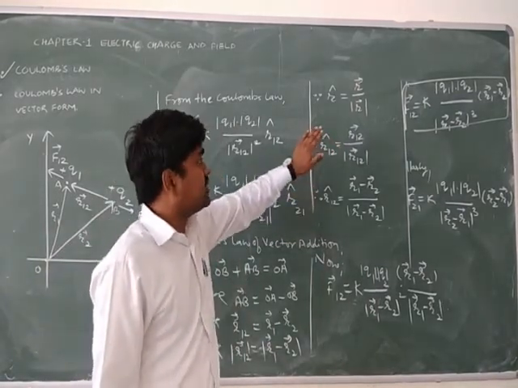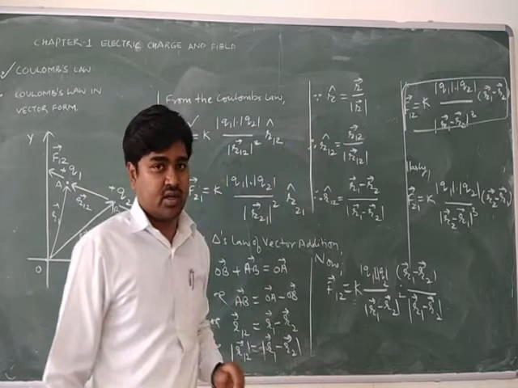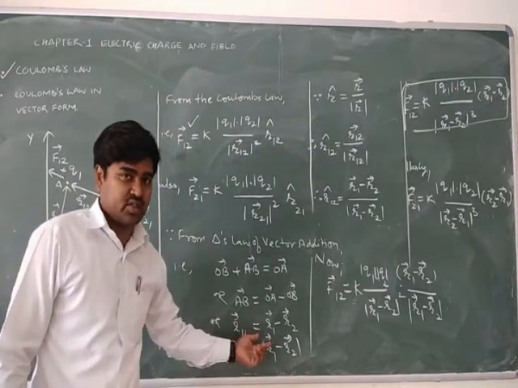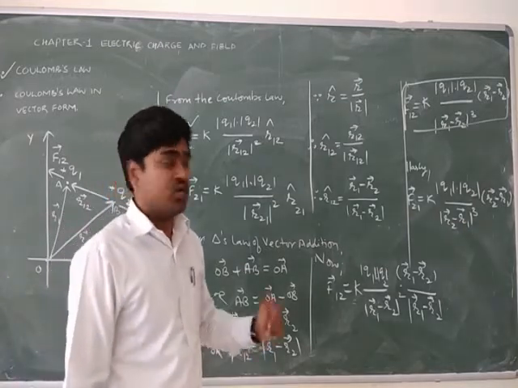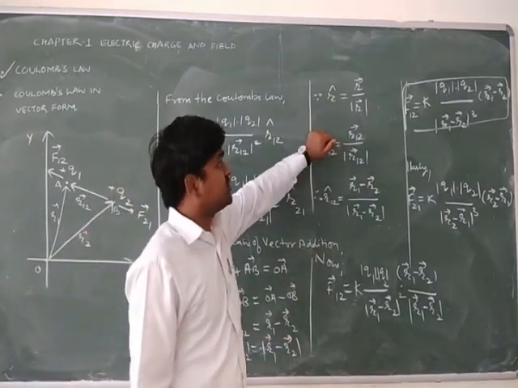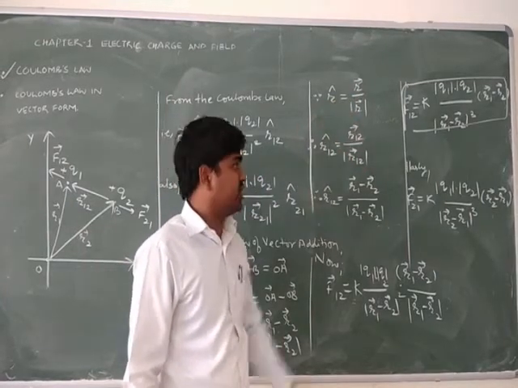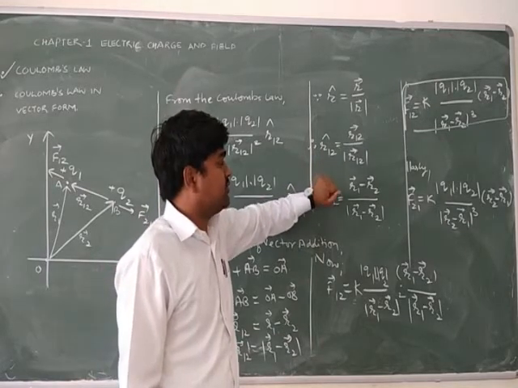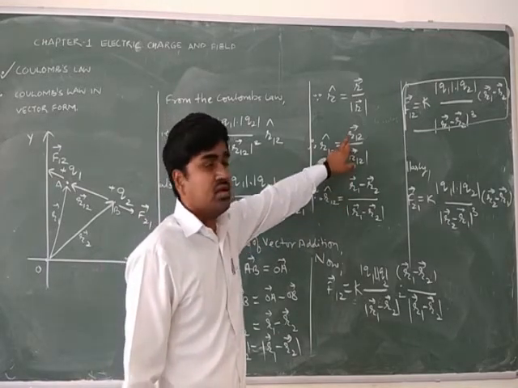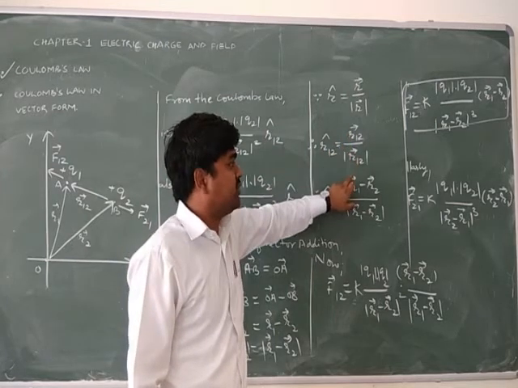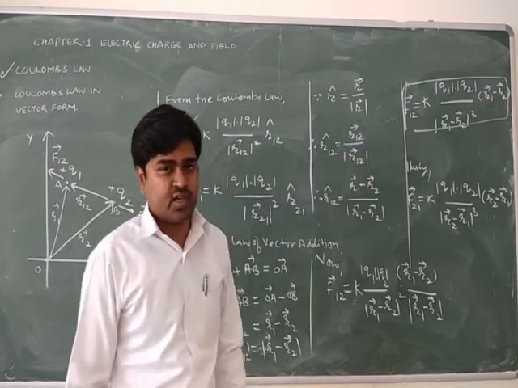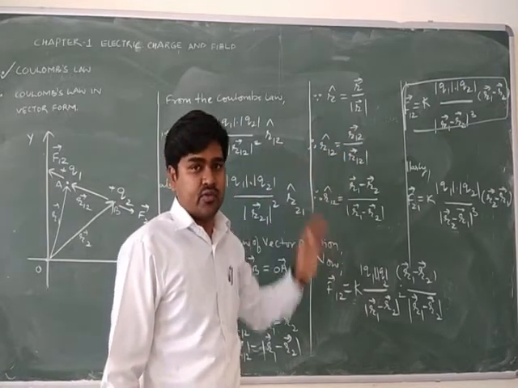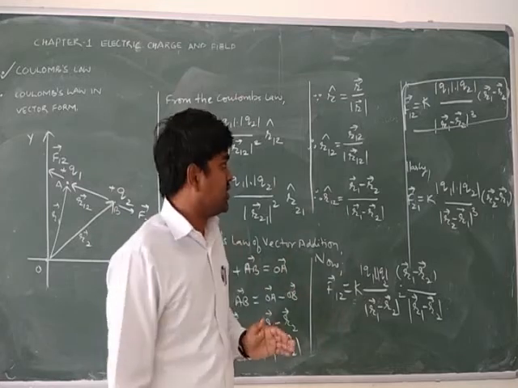Now you can calculate the unit vector in terms of the position vector also. As we have already calculated the displacement vector in terms of position vector, we can easily calculate the unit vector. As we know, the unit vector is equal to the vector divided by its magnitude. So if we have to calculate the unit vector R12 cap, then it will be equal to the displacement vector divided by the magnitude of the displacement vector, right? So this is the formula to calculate the direction of the force, that is F12, right?